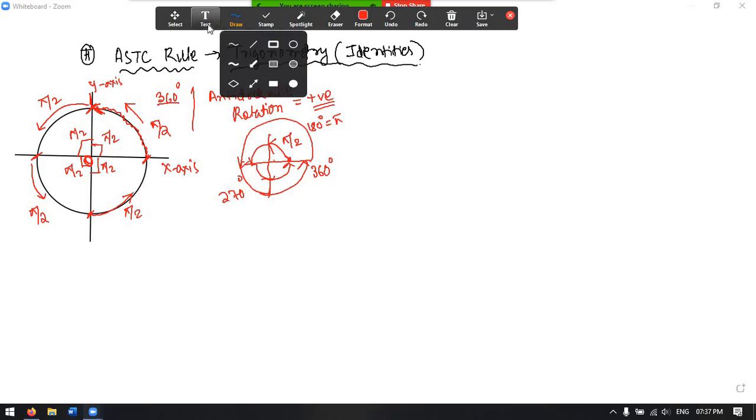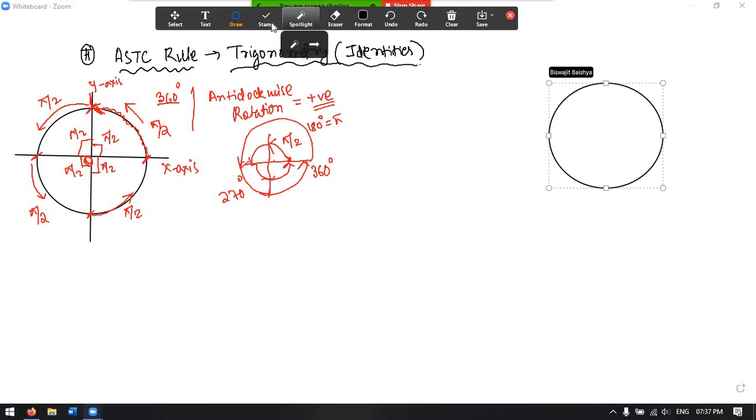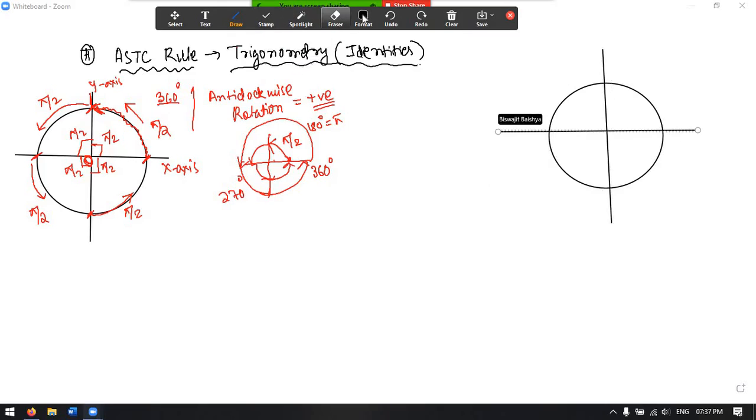Now we have to understand what the basic rule of ASTC is. Let me draw the diagram again. This is our circle, this is our y-axis and this is our x-axis, and this is the origin. The ASTC rule is also written as the quadrant system.